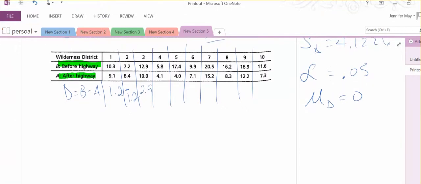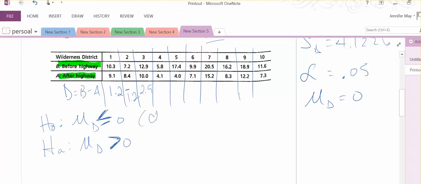So as we go through and we read this problem, I personally think that the H0 should always just be that the mean difference is 0. And then the Ha has to do with what you're talking about. So the mean difference in our case is greater than 0, right? Because we had 4.5. So then the book says, well, I can't do equal to here. I need to do less than or equal to for the H0.